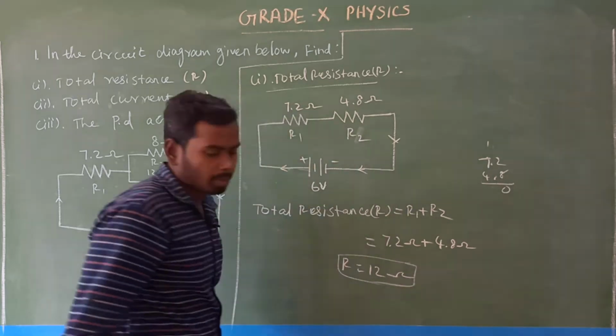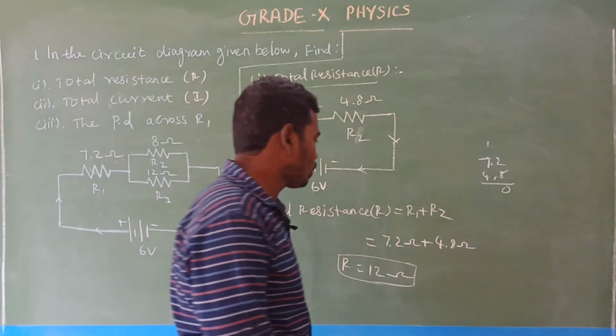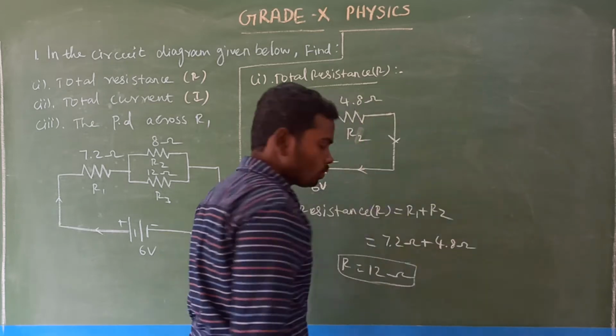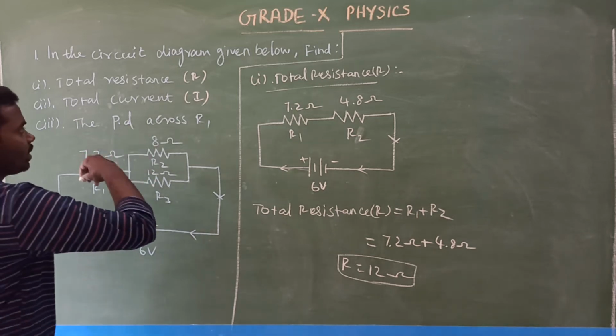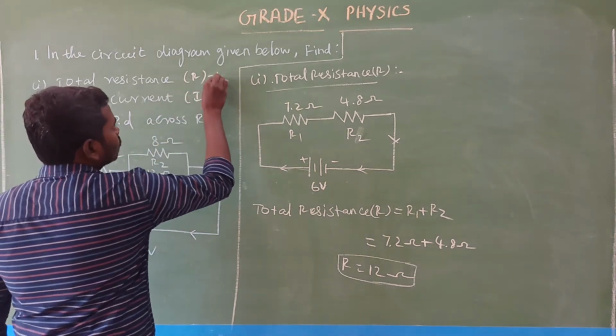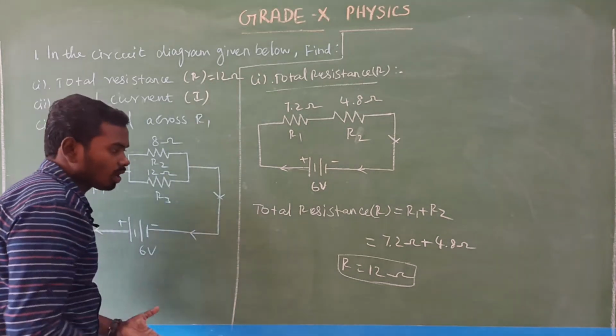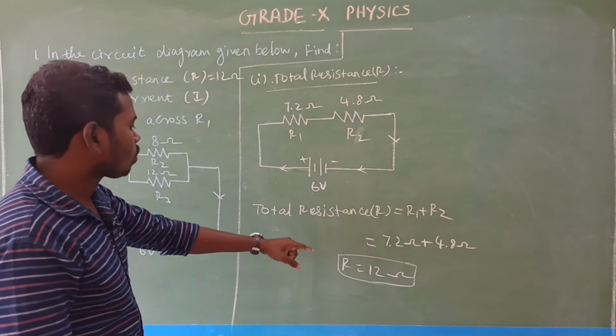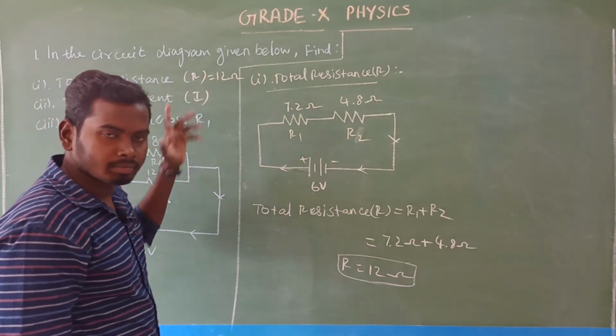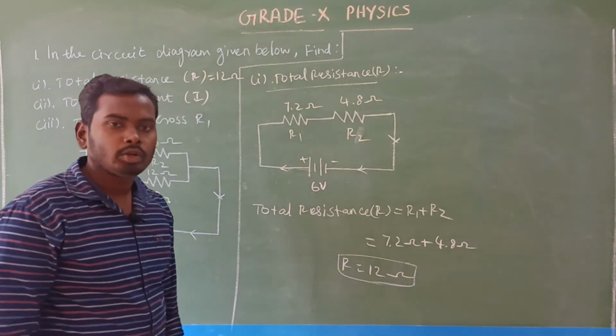This is how we need to make numericals. I'll write here that the R value is 12 ohm. Because the board is very small, I need to rub this board frequently, which is why I have mentioned the total resistance value there.